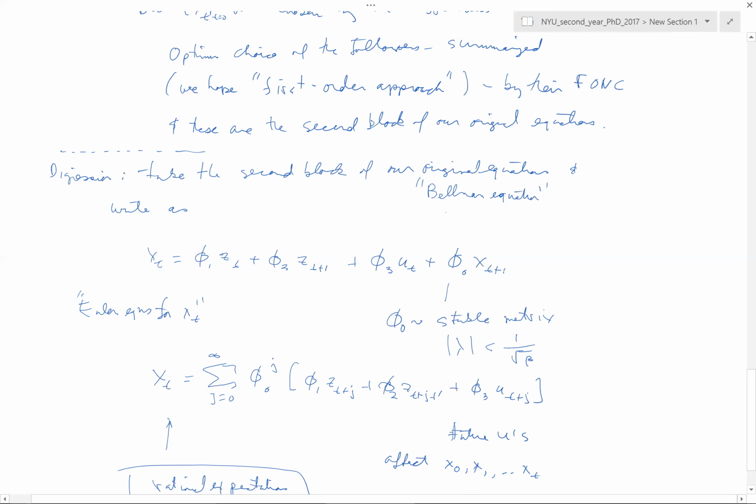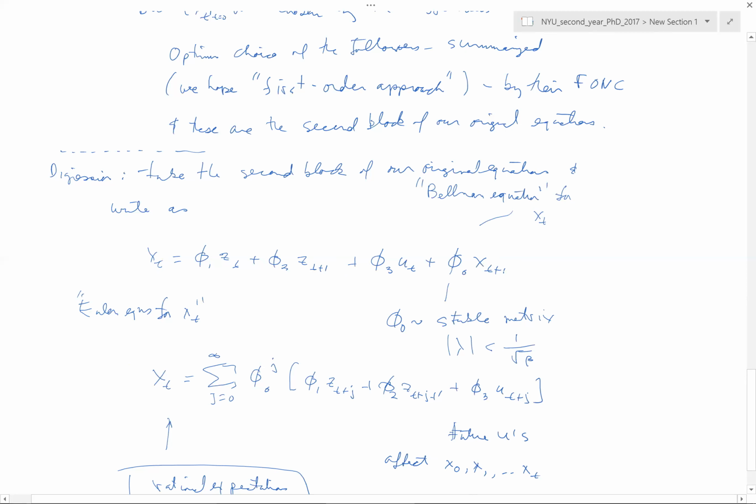If you think about it, it's got xt expressed as a function of a bunch of stuff and a future xt. So this is a Bellman equation for xt. Well, I'm speaking loosely.